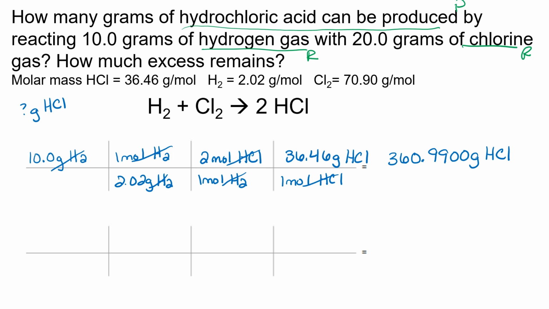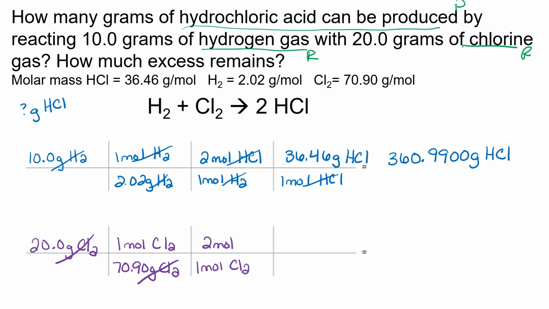If I look at my second reactant, which is my chlorine, I'm going to start with 20 grams of chlorine. I'm going to convert that to moles of chlorine. For every 1 mole of chlorine, I have 70.90 grams of chlorine. For every 1 mole of chlorine, I have 2 moles of hydrochloric acid.